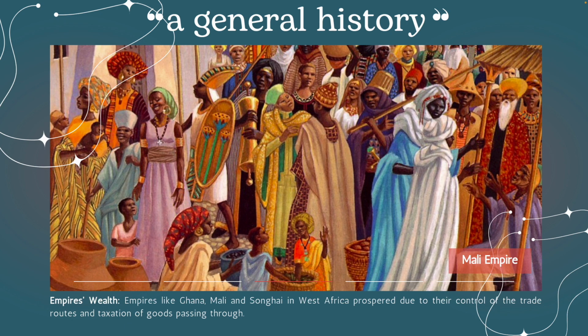So in terms of the Mali Empire and its link with the Trans-Saharan trade, we see that gold was its most important commodity, and Mansa Musa was responsible for introducing Islam to them.